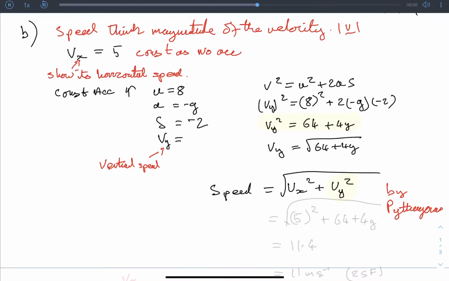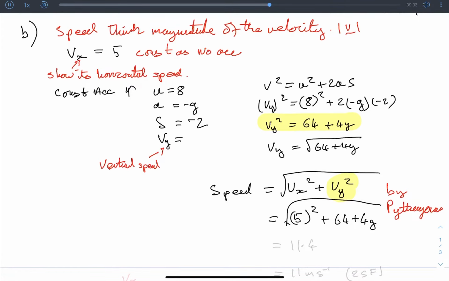So now we can substitute in, as usual. Vx is 5. For Vy, instead of using Vy and squaring it, we can use Vy squared, which we've got up here already. So we can substitute straight in: plus 64 plus 4g, square rooted.